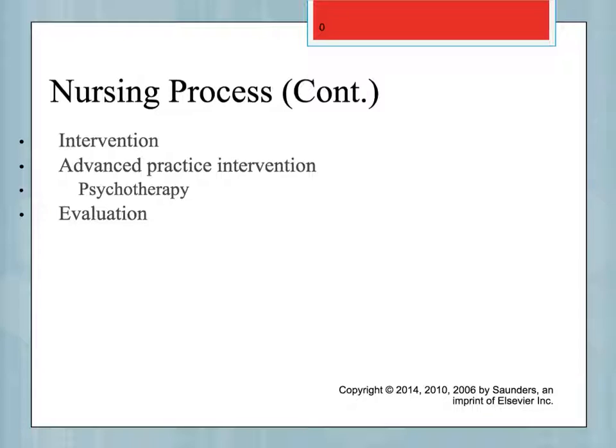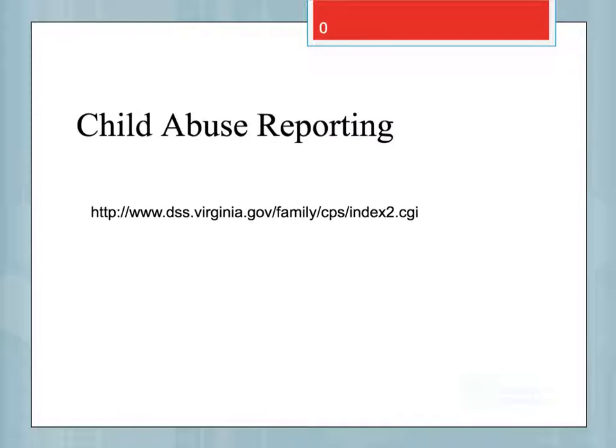That goes over some of the things that we're working on and some of the tasks and skills that are needed to take care of these individuals. The state of Virginia requires us to report child abuse, physical, sexual, and neglect, and this is the link for that if you'd like to look on there and see the topics and see how this site is run.